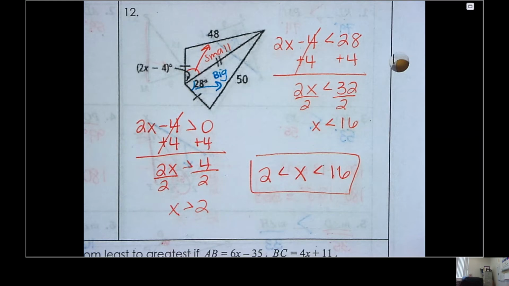If you're stuck, you should definitely take that equation and always start by making it bigger than 0. That's a good place to start. Make it bigger than 0.